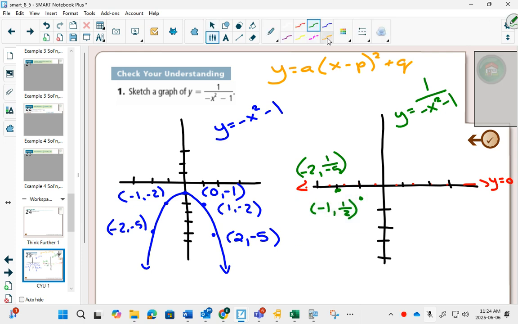What's going to happen to 0, negative 1? It's going to become 0, 1 over negative 1, but 1 over negative 1 is still negative 1. And then at 1, negative 2, we have 1 comma 1 over negative 2, and at 2 comma negative 5, we'd have 2 comma 1 over negative 5, and we get the famous Winnipeg graph, the pothole.